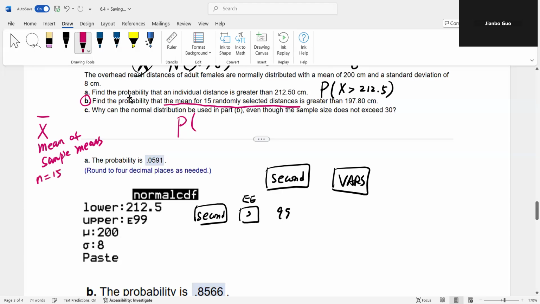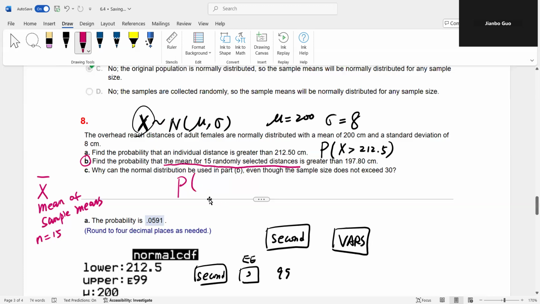From the population, we can randomly take many samples with size 15. And for each sample, we find the mean. So for example, the first sample, we find the mean x1 bar, second sample x2 bar, and so on. We can find many sample means.